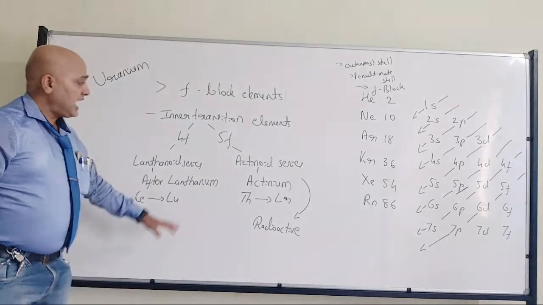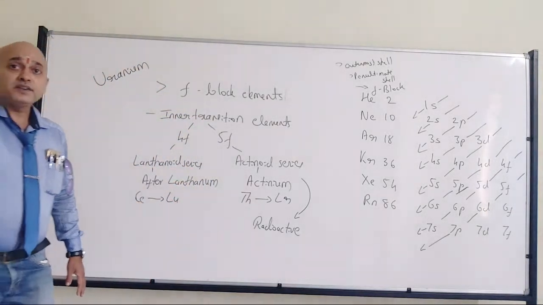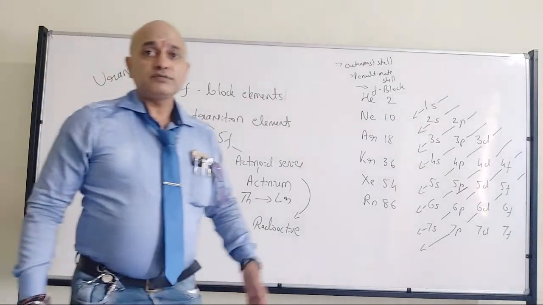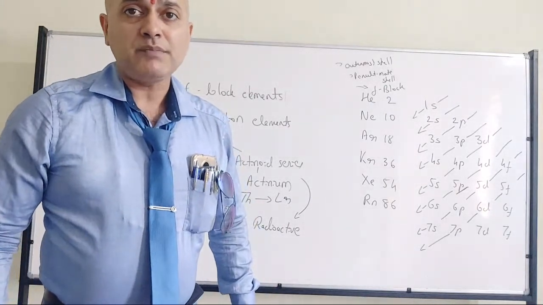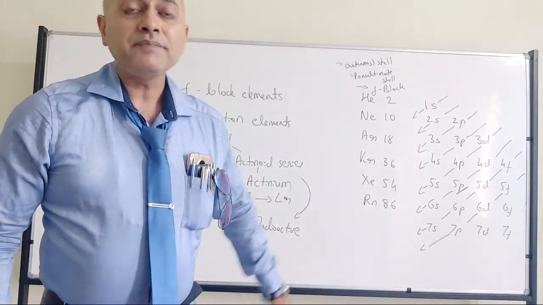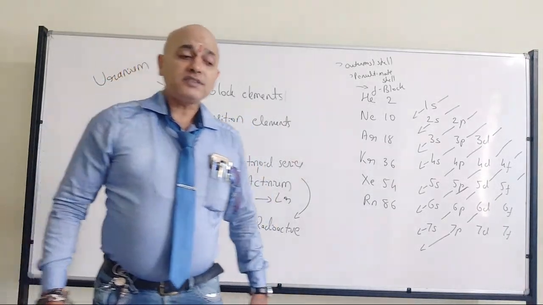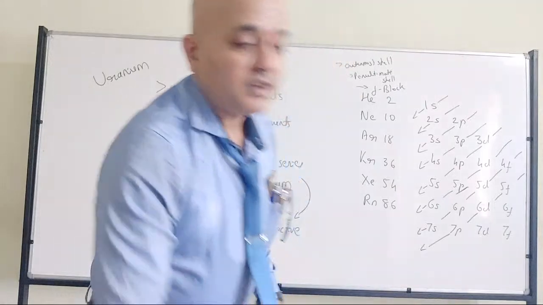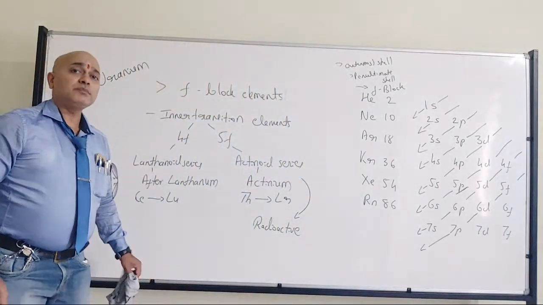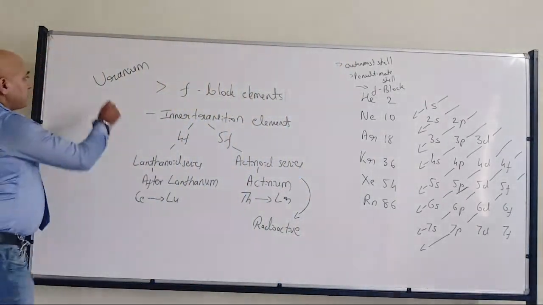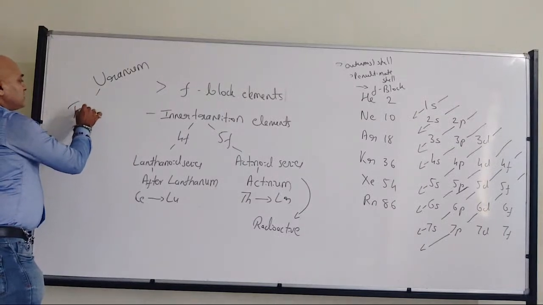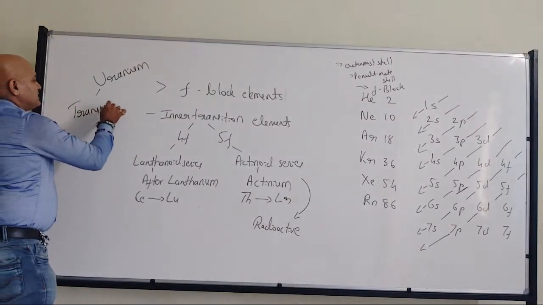So uranium is one example of the radioactive elements present in the actinoid series, and those elements which come after uranium can be called transuranium elements.